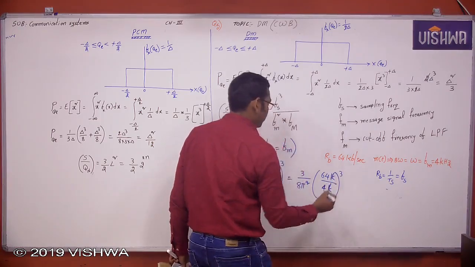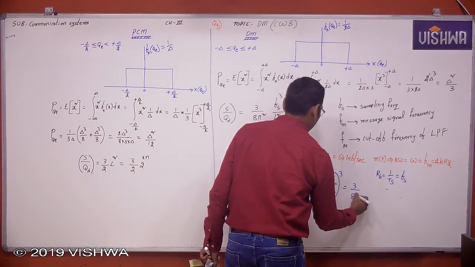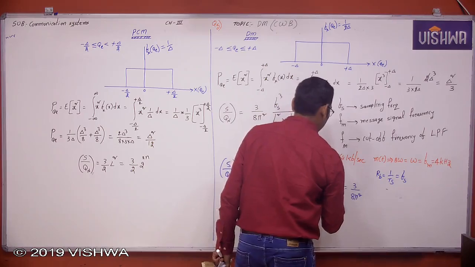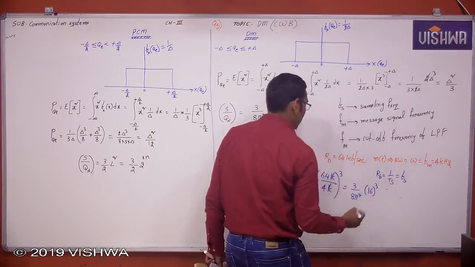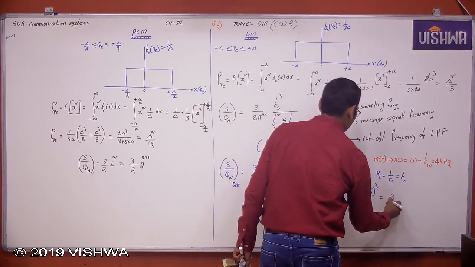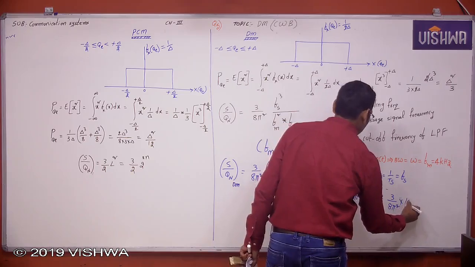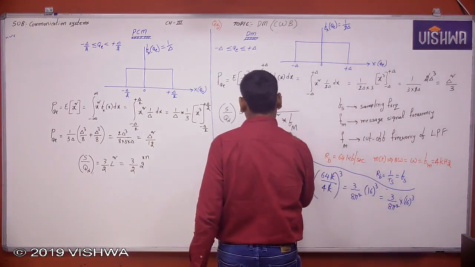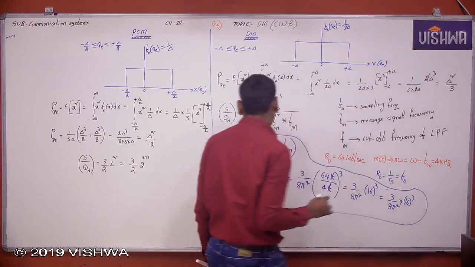Kilo cancels, which is equal to 3 by 8 pi square into 64 by 4, which is nothing but 16, whole cube. Which is equal to 3 by 8 pi square into 16 cube, which is the signal to quantization noise ratio of a delta modulation.